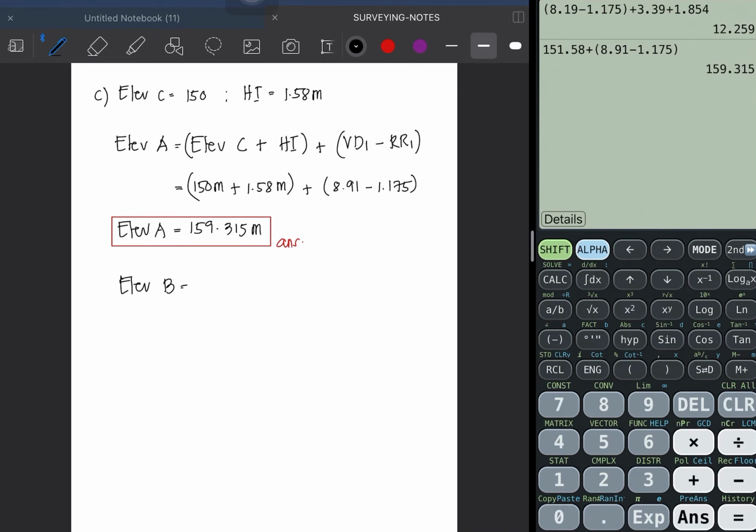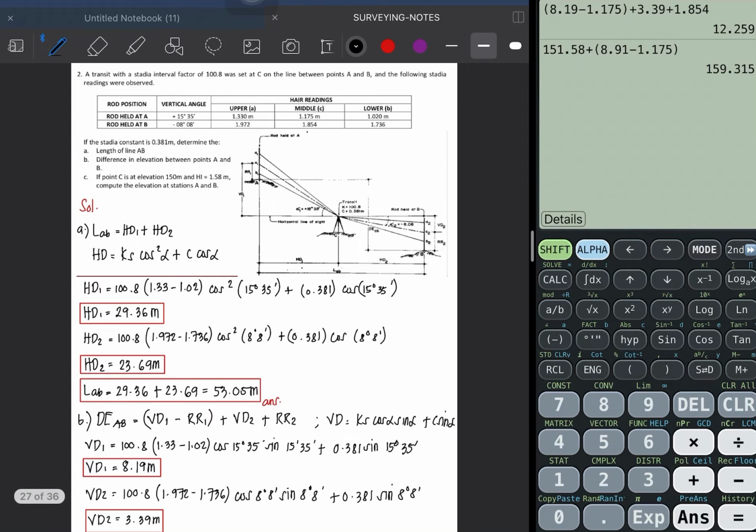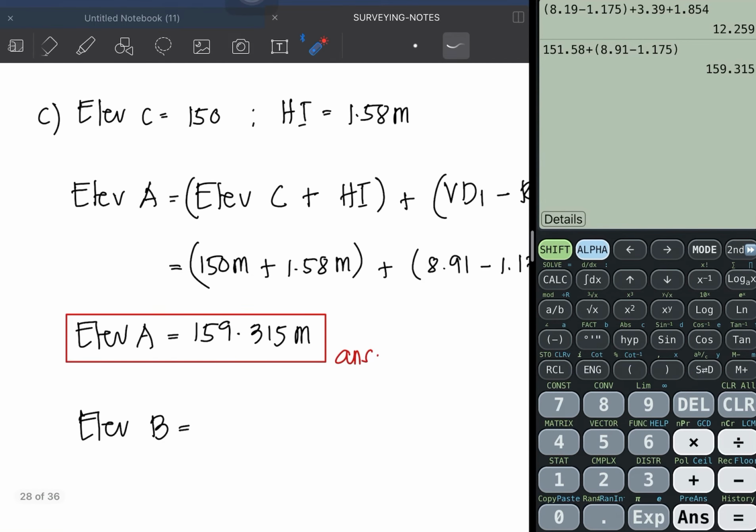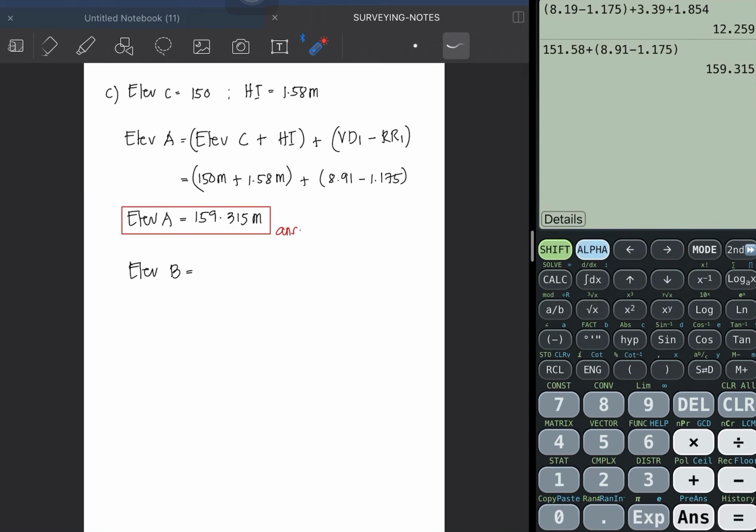And then for elevation B, from the illustration, to solve for the elevation at B, this is just the elevation at C plus the height of instrument minus VD plus RR2.